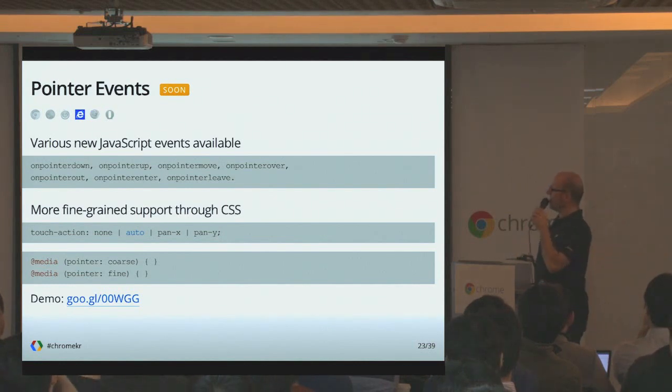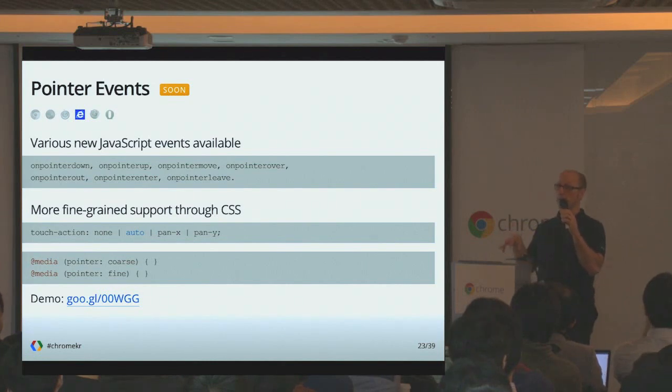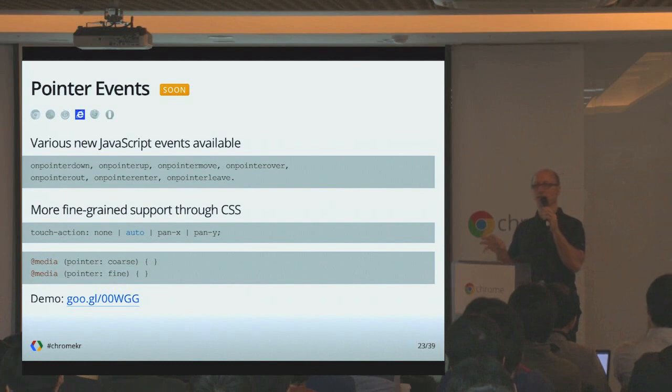Now, everybody realizes that touch events and mouse events, being from different backgrounds, have problems. So Microsoft made a proposal to W3C for a thing called pointer events. Pointer events unify mouse events and touch events.